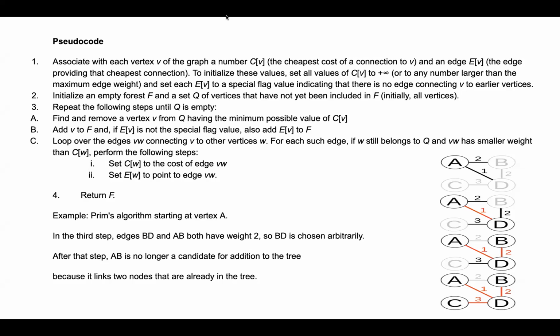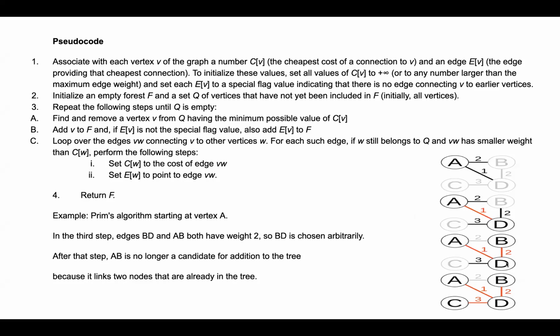What this pseudocode tells is: consider any vertex, then compare its edges, take the smaller one, and add that edge in this forest. This F will contain the spanning tree. A to D, 1, we have taken.